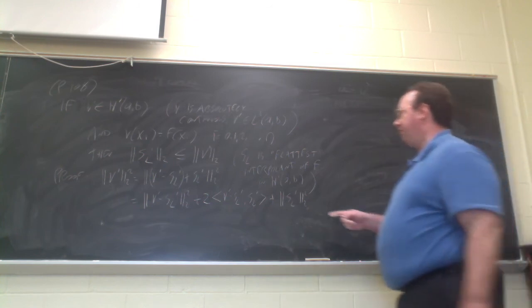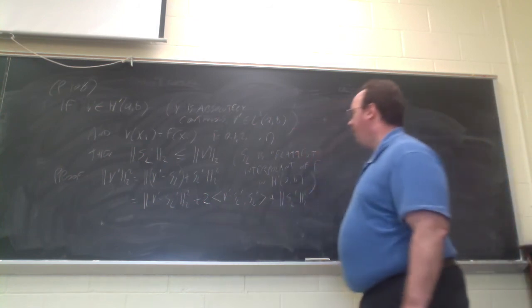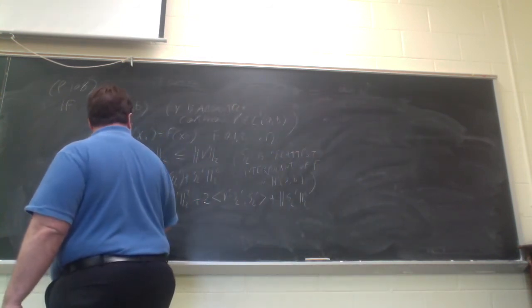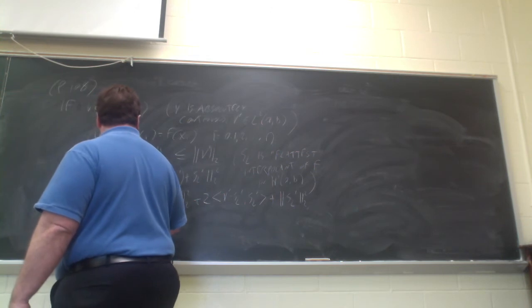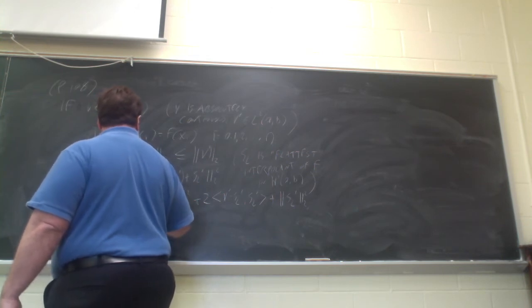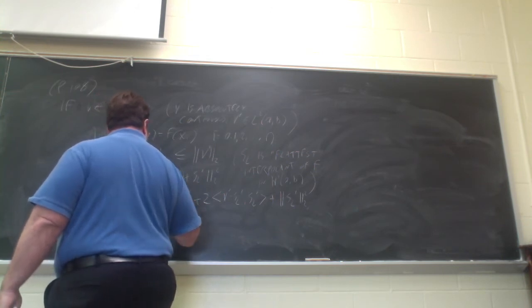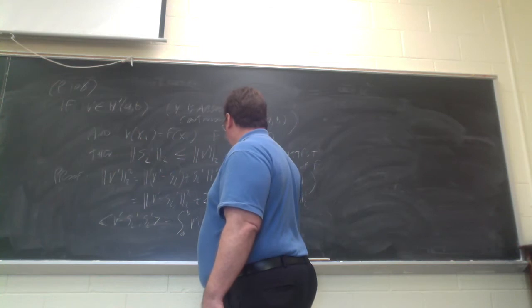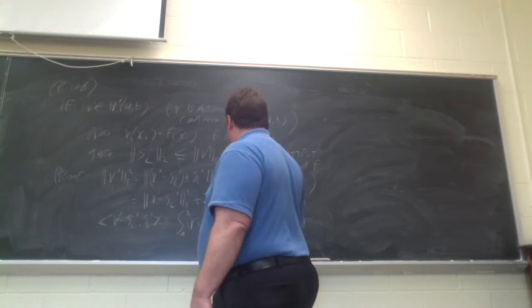Okay. Now, I want to focus on this cross term right here. Since that's an inner product, I can express it as an integral: V prime minus S_L prime times S_L prime.